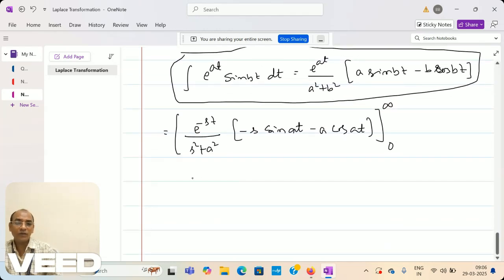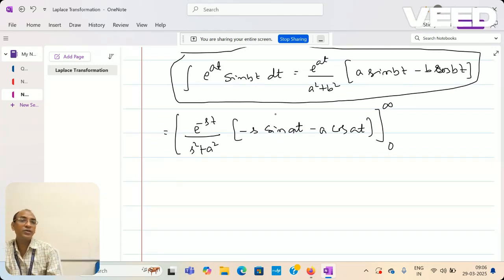So if I put the upper limit infinity, e to the power minus infinity will be 0. So the first thing will be 0, and the second thing will be t equal to 0. So I will have minus e to the power minus 0 divided by s square plus a square into sin 0 is 0, cos 0 is 1, minus a.